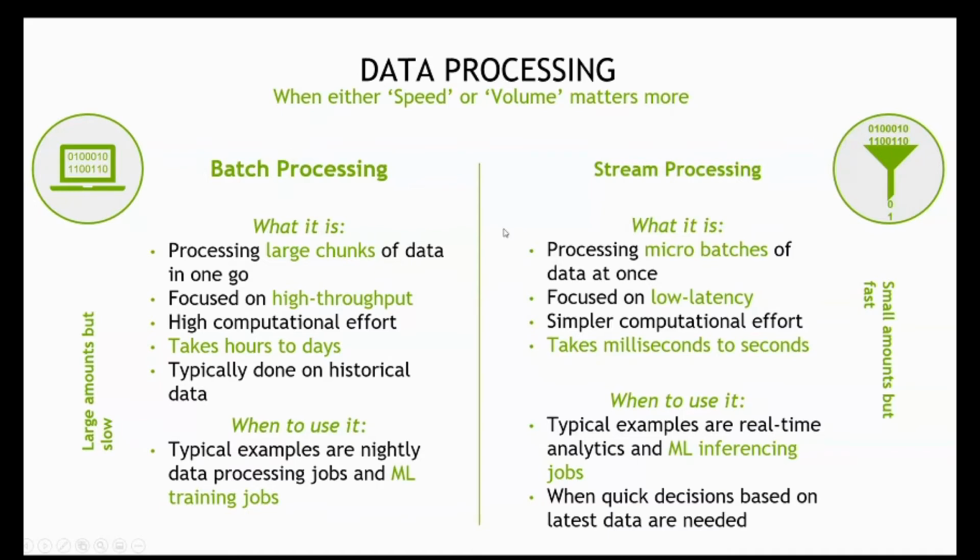Now, there is a second part, where the amount of data being sent is less, but the time in which the processing needs to happen needs to be as short as possible. Hence, it is more focused on low latency rather than high throughput, right? In this case, you might not have the entire large-scale data set, but you might have micro batches of data coming in, and you want to do the inferencing within some milliseconds.